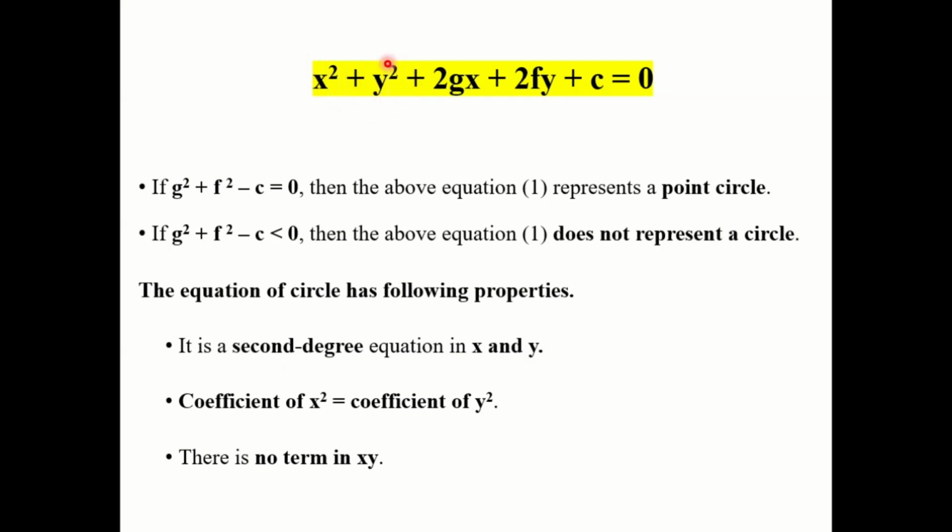Only then can we say that the given equation is the equation of a circle. Another property is that there is no xy term. This is x square plus y square plus 2gx plus 2fy plus c is equal to 0. These are the three properties of the general equation of circle. Thank you.